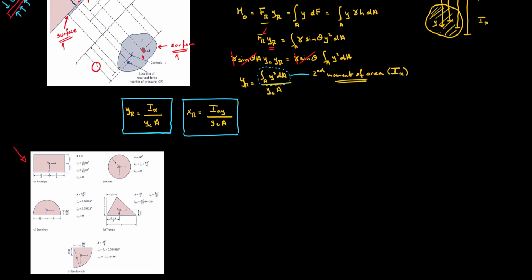Now note that most tabulated second moments of area are with respect to the centroid. However, our second moment of area is defined as y squared, where y has its origin passing through the x-axis. So it is not passing through the centroid, but passing through a different axis.